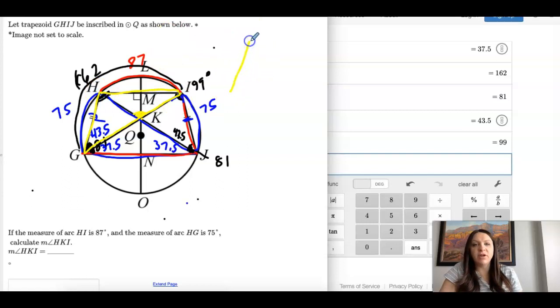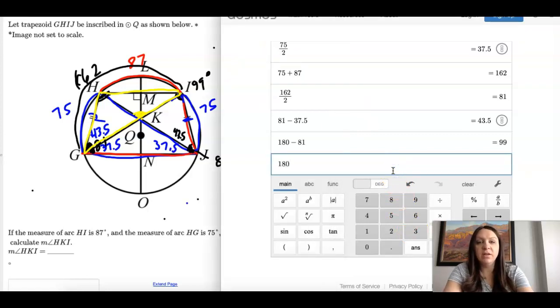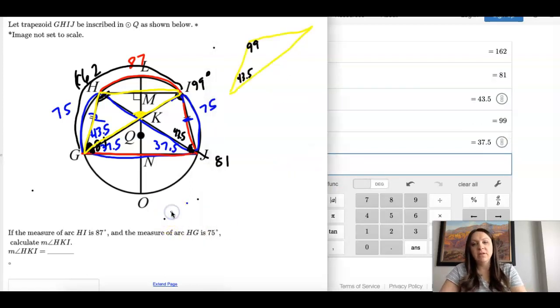I'm just going to redraw it out here. I know this is 43.5, and this is 99, and those have to add to 180. So I'm going to take 180 minus 99 minus 43.5. So this is also 37.5, and that gives me enough.